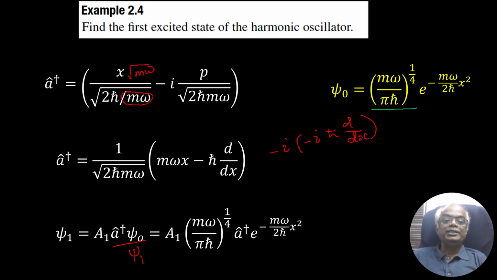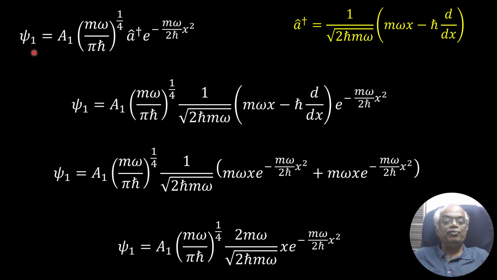We will simplify this. So we got this relation: psi 1 is equal to A1 times m omega over pi ħ, whole power 1 over 4, and a dagger acting on this exponential term. Now you replace a dagger by its operator, the creation operator by definition, this one which I have shown in yellow font color.